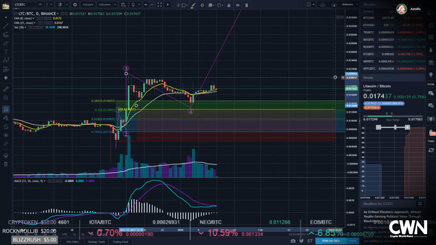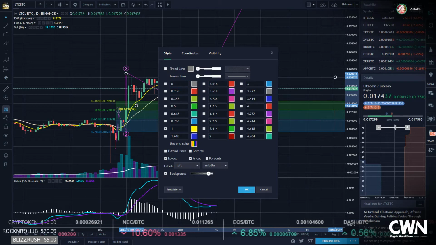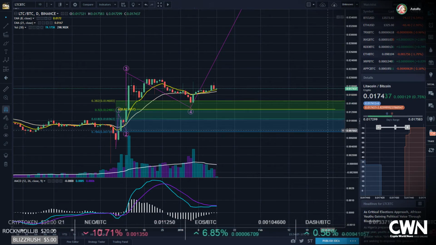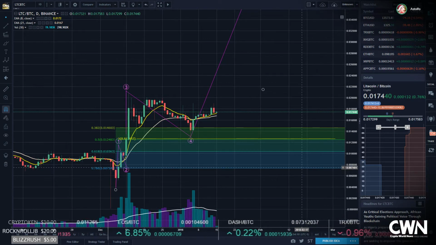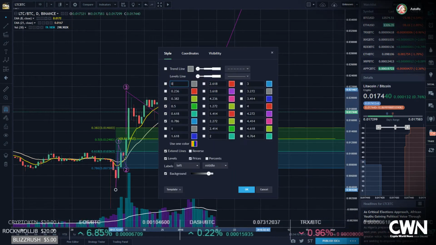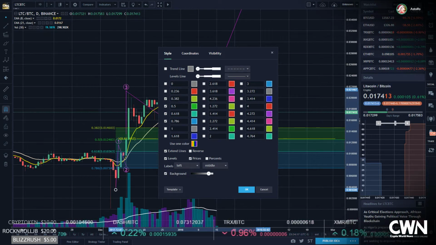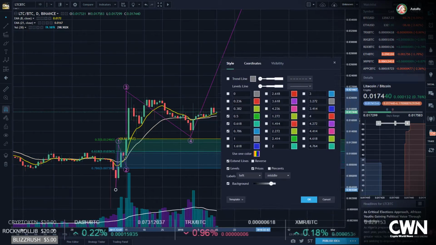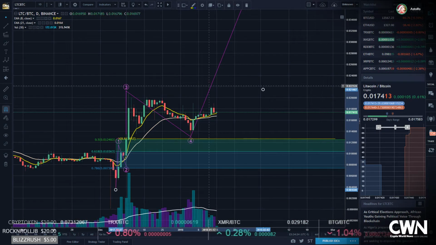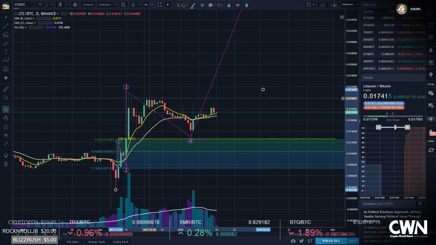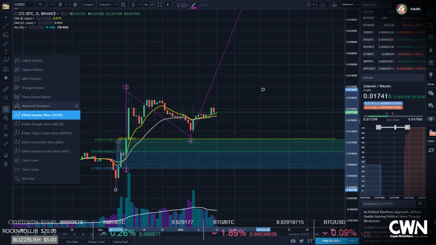Actually, that looks really good. All right, we've got confluence of a 50% retracement level, as well as a 100% A equals C projection here for our wave 4 flat.